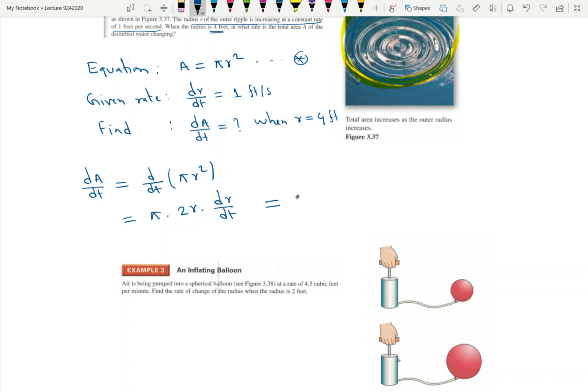So plug those values here. So pi times 2 times 4 times dr over dt is 1, and it becomes 8 pi, and it's area, so feet square per second. Okay. So this is the answer. dA over dt is 8 pi feet square per second.